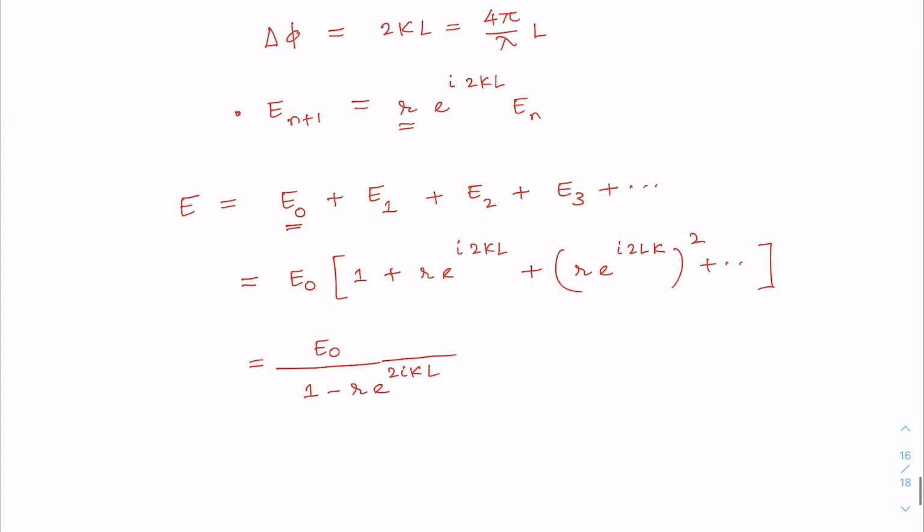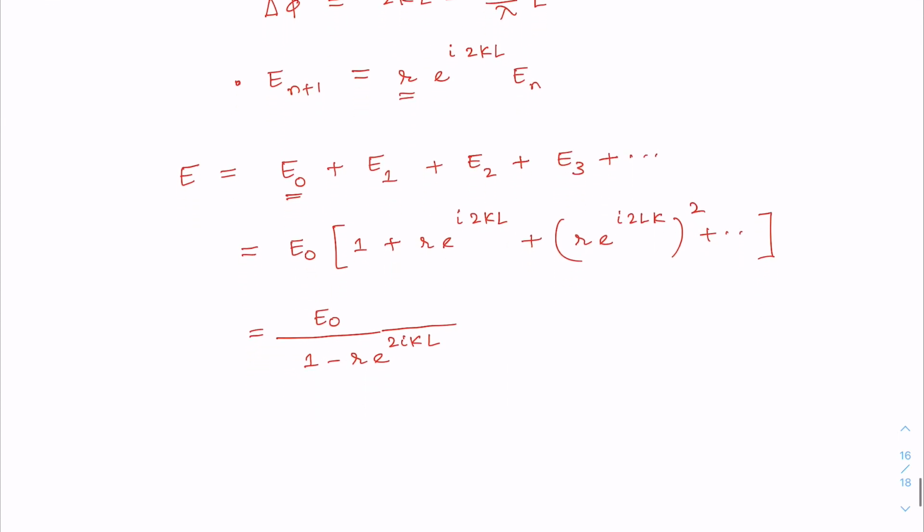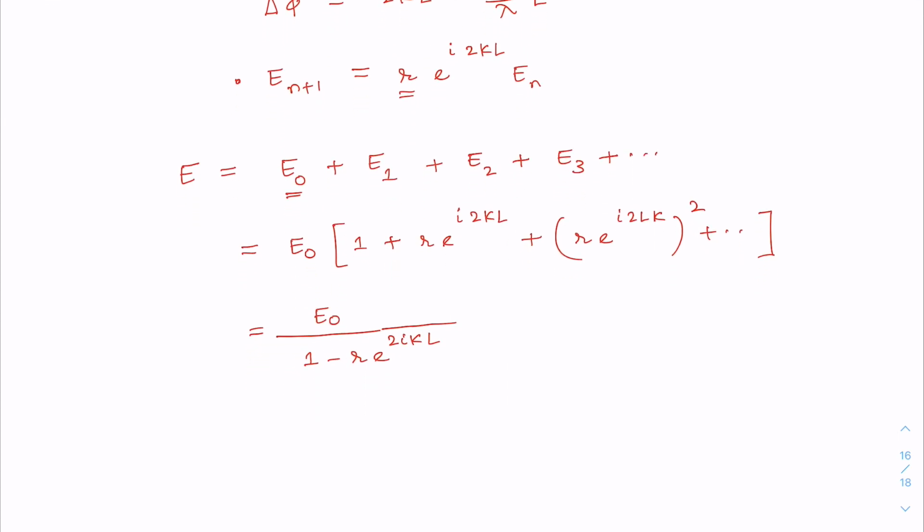So using this relation, I can now easily get the intensity inside the cavity. Just to remind you that intensity is related to the electric field by this expression. If the refractive index inside the cavity is 1, then intensity is half epsilon 0 c E square.